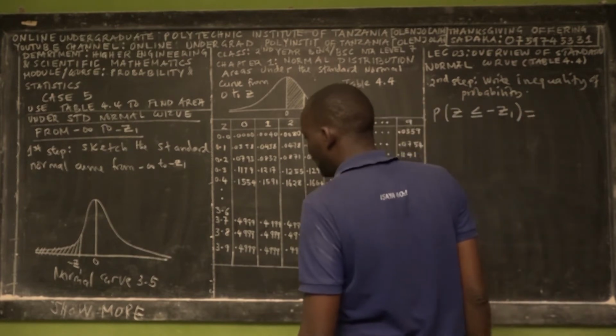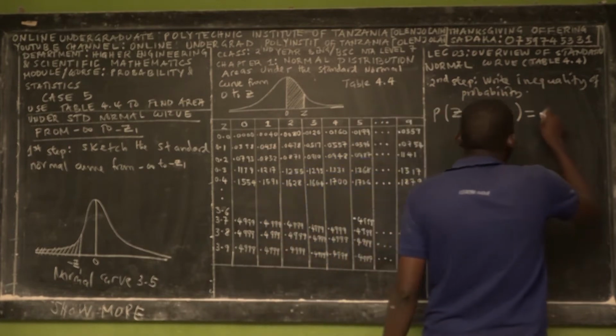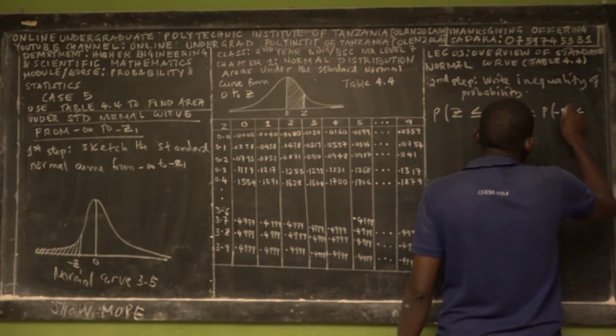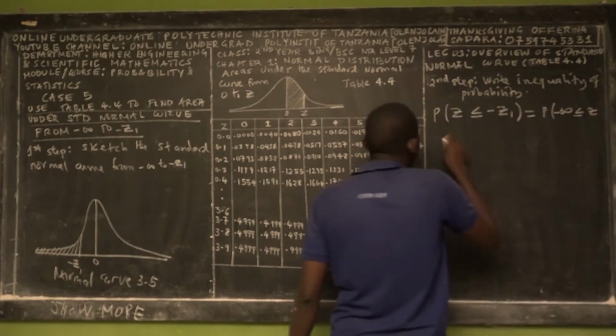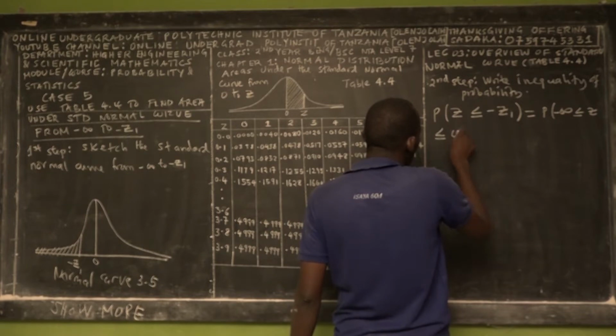Okay, we have an alternative. The first alternative is we can find the probability from negative infinity less than or equal to Z less than or equal to 0.